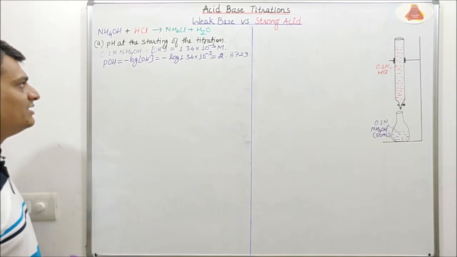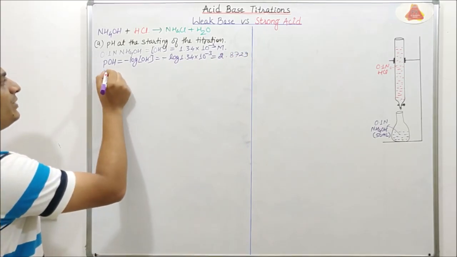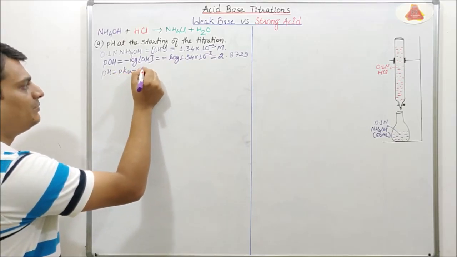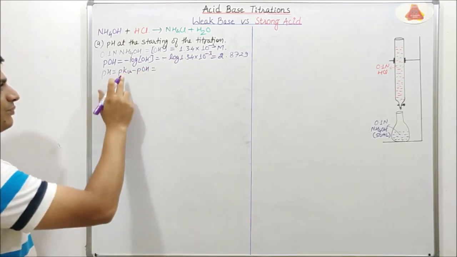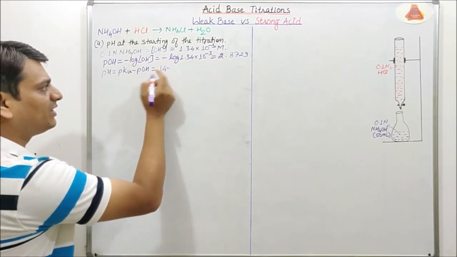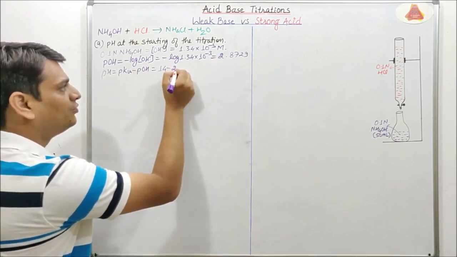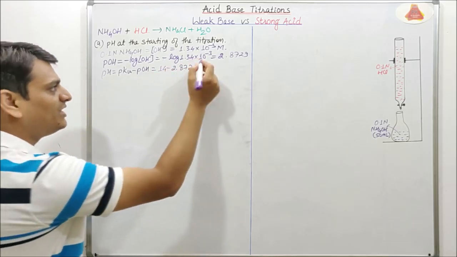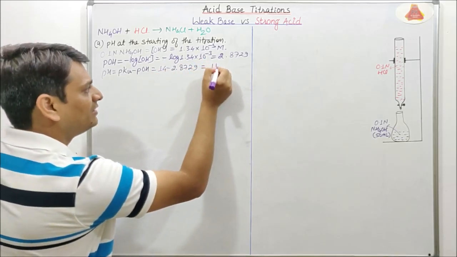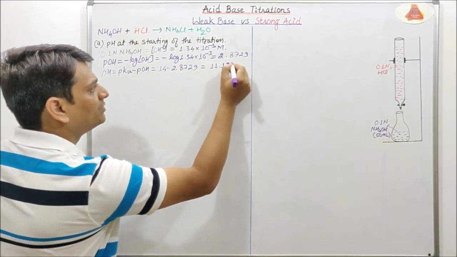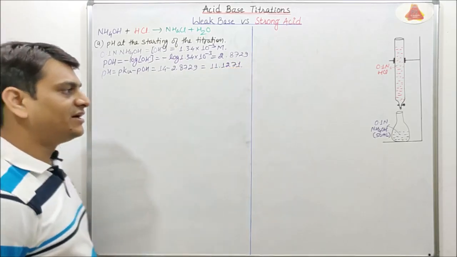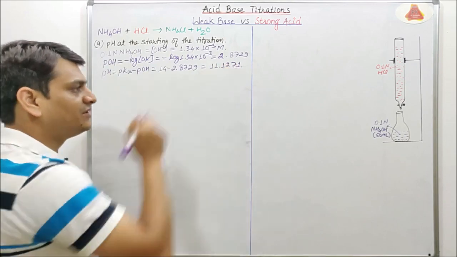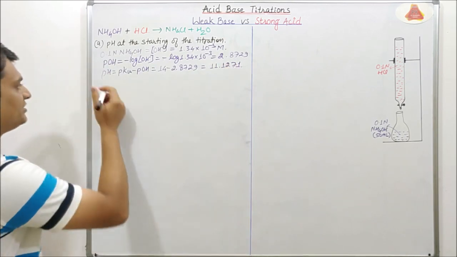Now we have to calculate the pH value. pH is equal to pKw minus pOH, and as you know, pKw is 14, so 14 minus 2.8729. The final pH value will be 11.1271. So at the start, the pH of this solution will be 11.1271.